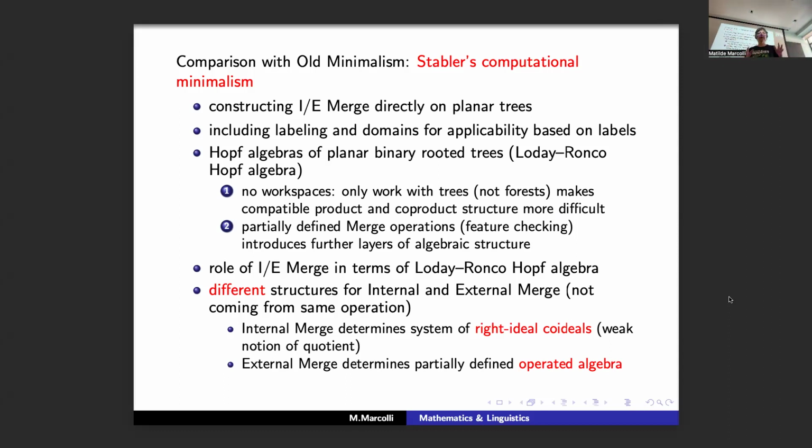They can only be applied when certain matching labels on various parts of the structure can be identified that can be used for doing this operation. So in a sense, what this takes care of is what we had seen before.